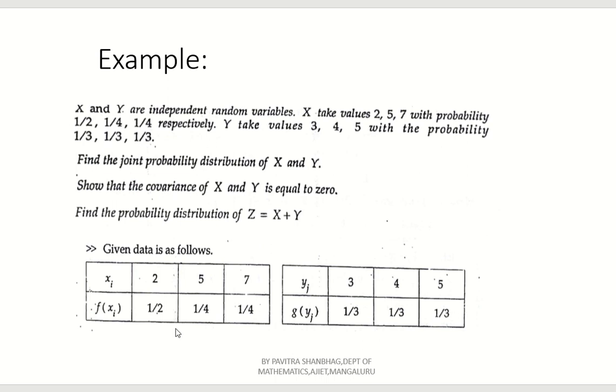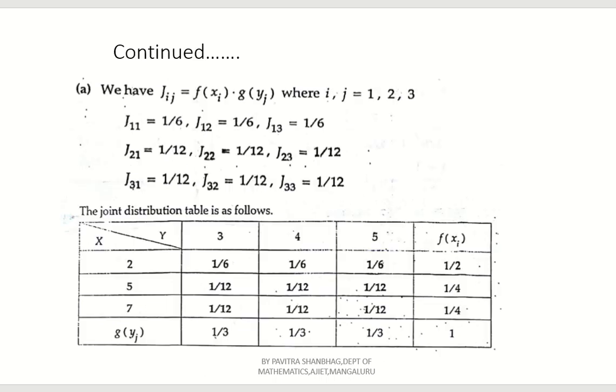Now, after mentioning the marginal distribution, you need to write its joint probability distribution. That is J(ij) equal to f(xi) into g(yj), right? Where i and j both are 1, 2, 3. So here J11, J12, J13, J21, J22, J23, J31, J32, J33 you can find.